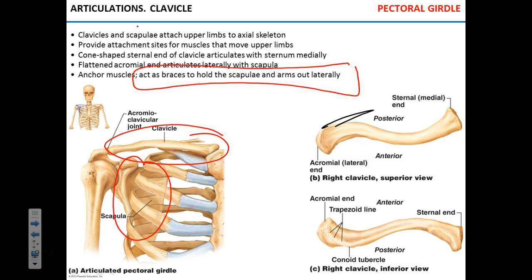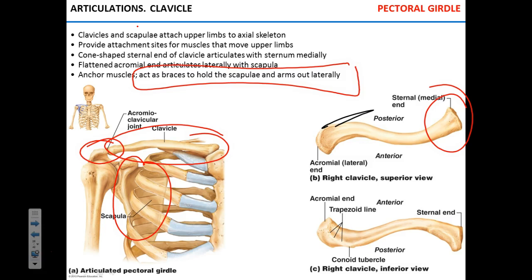The cone-shaped end is the sternal end. It articulates with the sternum, while the flat end is called acromial. The acromial end of the clavicle articulates with the acromial process of the scapula, forming the acromioclavicular joint right here.